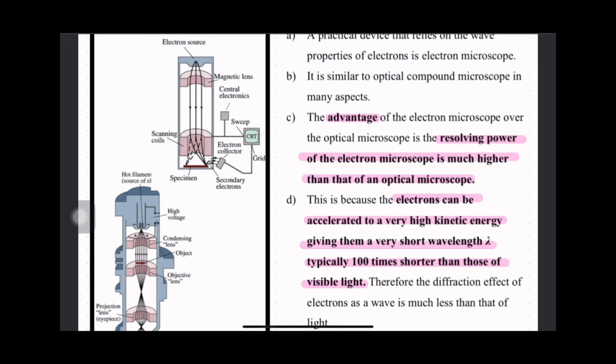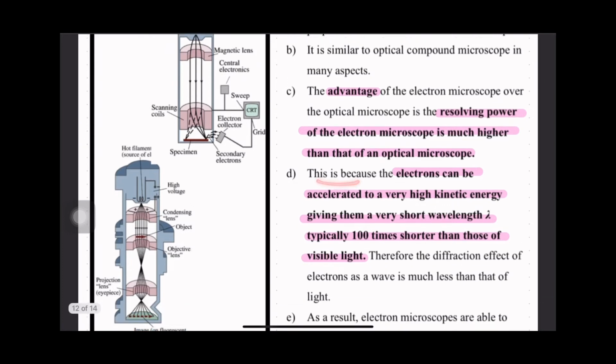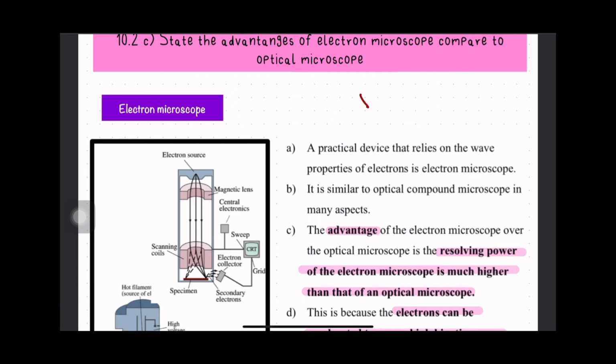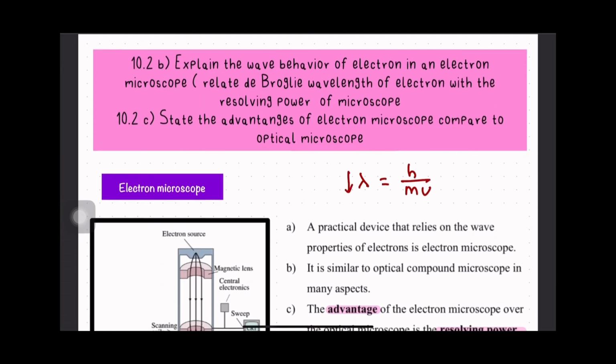Why? Because resolving power is depending on the wavelength. Okay, nak tengok resolving power, kita kena tengok wavelength of light tu ataupun wavelength of electron. Okay, this is because the electron can be accelerated to a very high kinetic energy, giving them a very short wavelength, typically 100 times shorter than those of visible light. Okay, so based on equation de Broglie kata lambda is equal to h over mv. So kat sini kita boleh relate lah. Untuk dapatkan resolving power yang tinggi, kita nak tengok lagi detail kita punya specimen tu, wavelength you kena rendah, shortest wavelength.